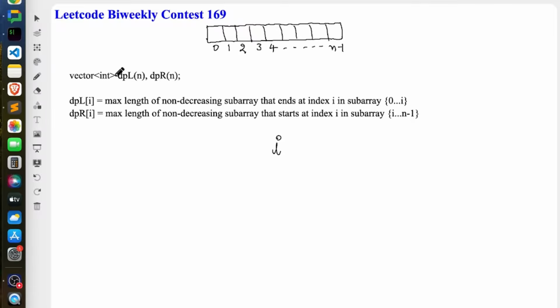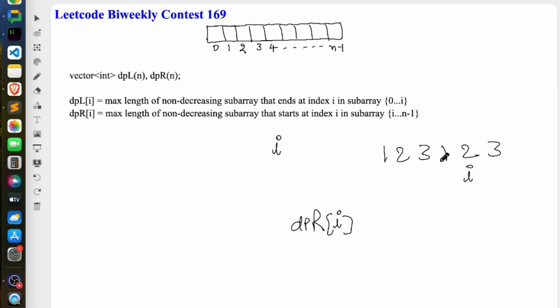I would highly recommend to learn at least the prefix or suffix array concept, because this is pretty much similar to that. So let's take one example: 1 2 3 1 2 3. Let's say this is my index I, I want to find out dpr of that index I.